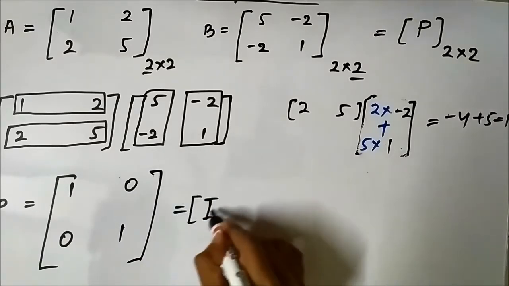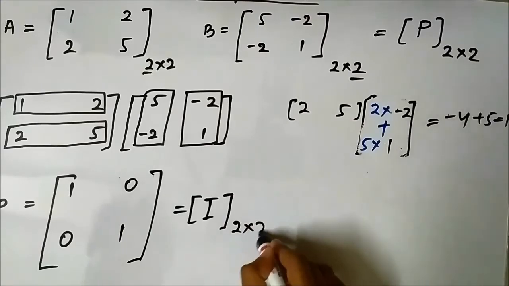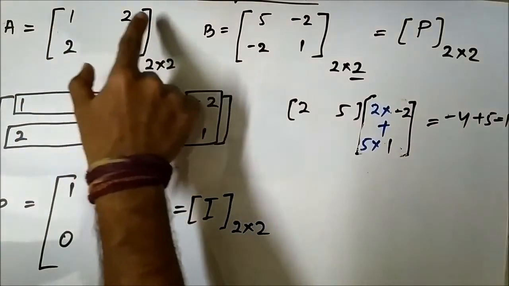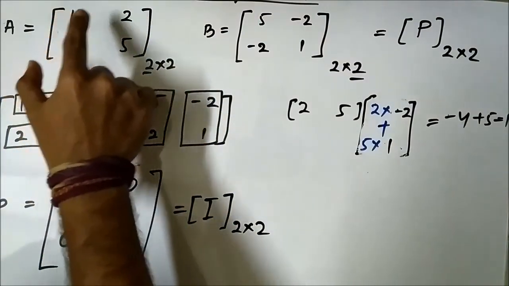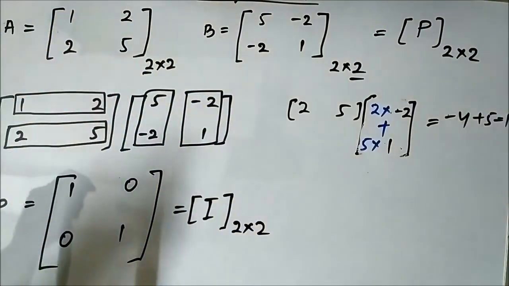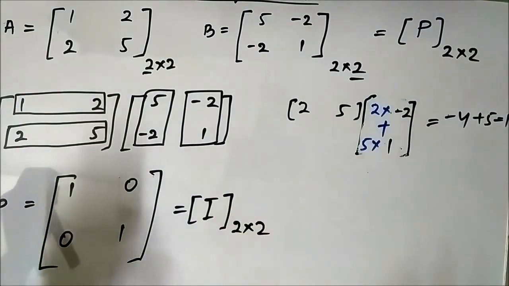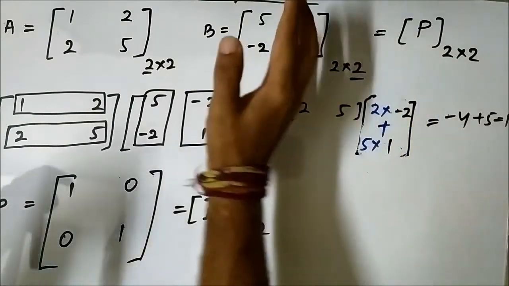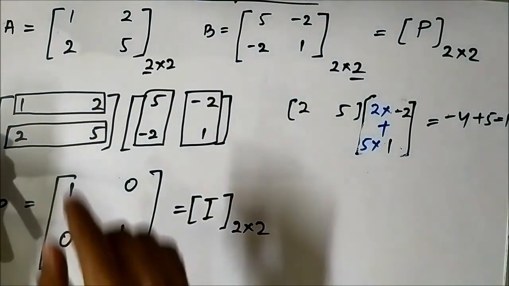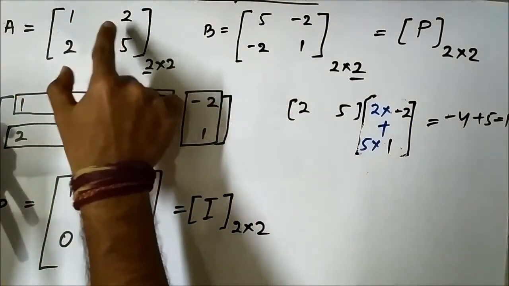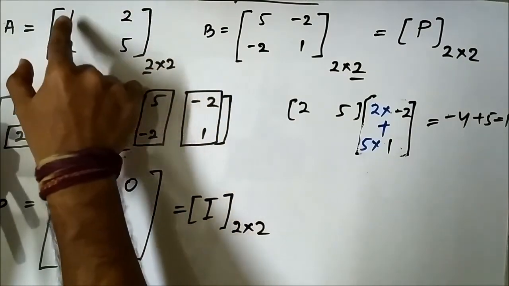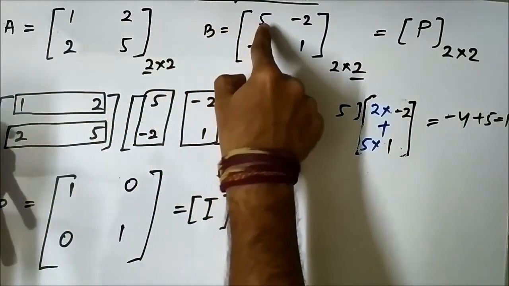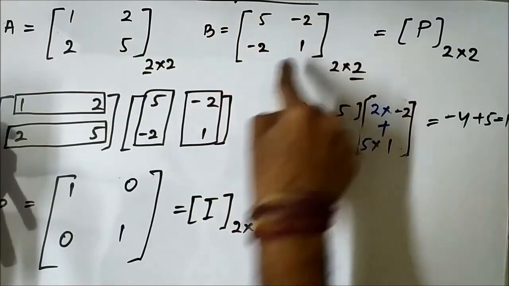So you understand how this matrix multiplication is taking place. You treat each row of the first matrix as an individual row matrix, and each column of the second matrix as a column matrix. Then you multiply the individual rows with each of the two columns. 1, 2 is first multiplied with 5 minus 2 and then with minus 2, 1.